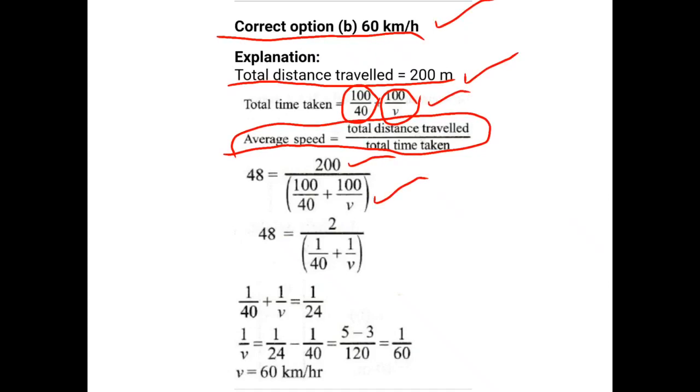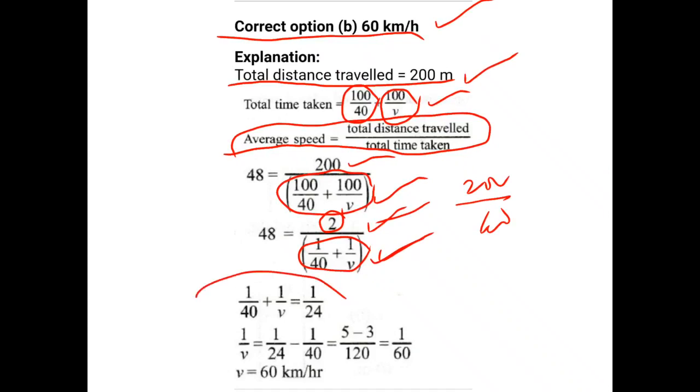If you divide the numerator and the denominator by 100, you will get 2 here, because 200/100 is 2, and 100/40 + 100/v becomes 1/40 + 1/v.